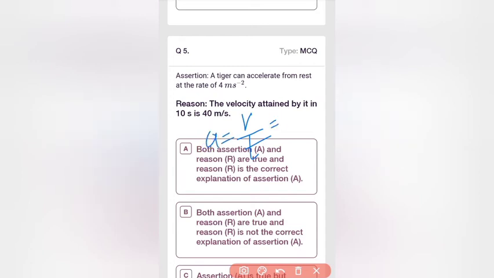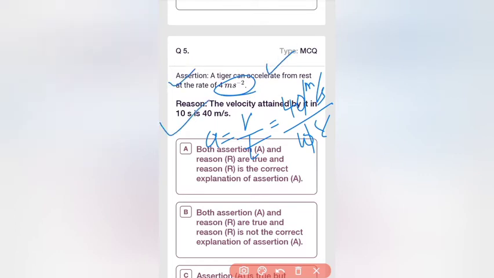Here the velocity given is 40 meters per second per 10 seconds, so that means it is 4 meters per second square. So the reason is also correct, assertion is also correct, and the reason is the correct statement of assertion. That means it is option A.